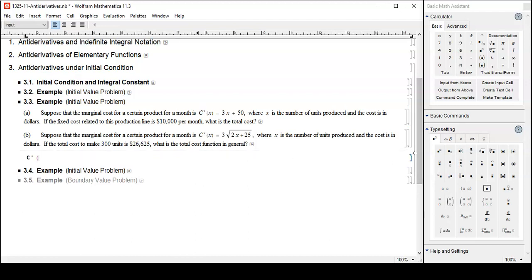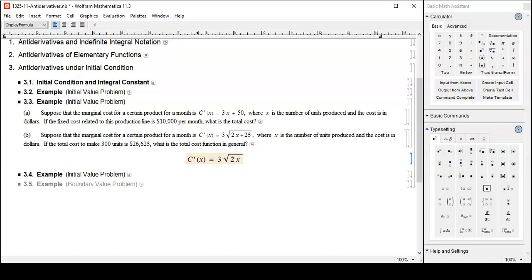Oops, wrong cell, sorry about that. Three square root of 2x plus 25, and then C of, this time not C of 0, the cost to make 300 units. So C of 300 is there.